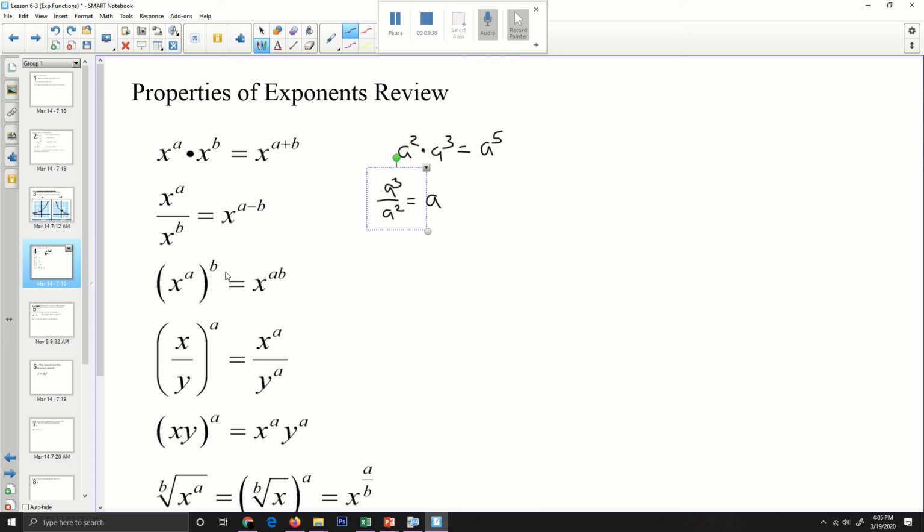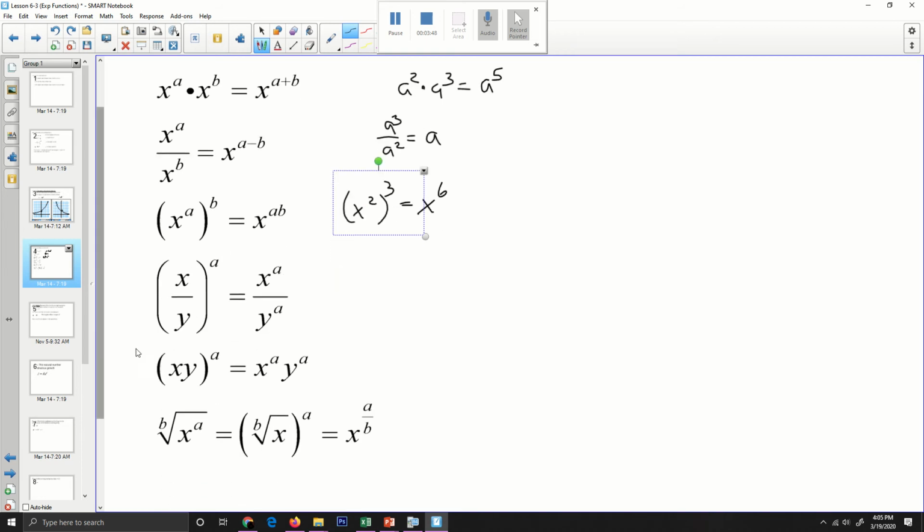x to the a to the b, you multiply your exponents. So if we had x squared to the third, that result would be x to the sixth because we're multiplying. If we had, let's say, 2 over x all to the fourth power, this thing would be 16 over x to the fourth, and it's 16 because 2 times 2 is 4, times 2 is 8, times 2 is 16.